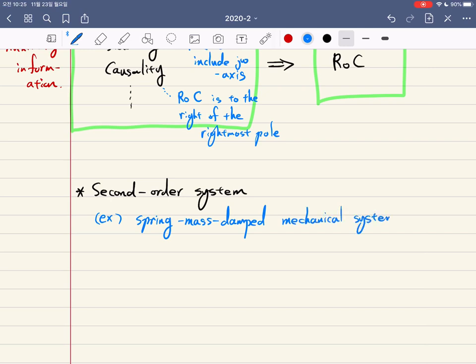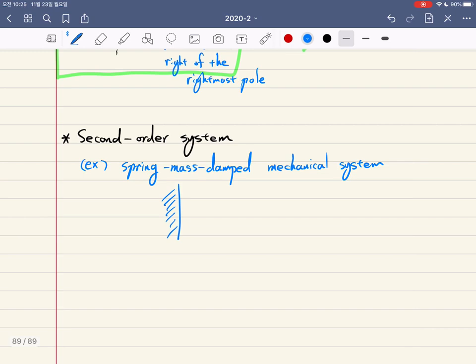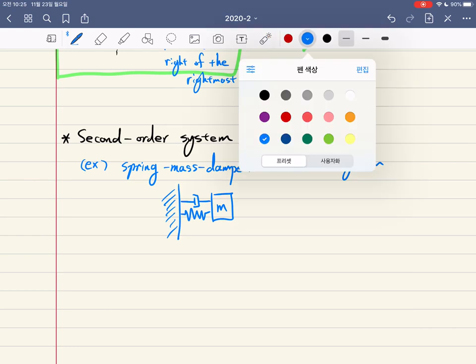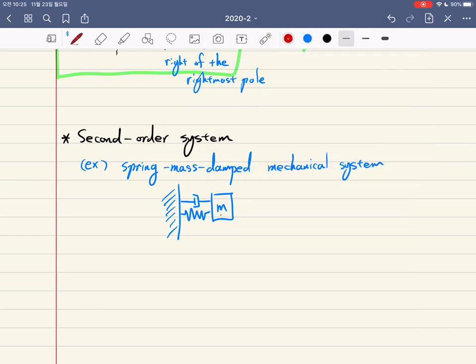You have seen a lot of pictures like this. You have a spring, a mass which is a rigid body, and a damper. So this is the most popular second order system. It's a mechanical system, and the displacement of this rigid body is represented by the second order system.